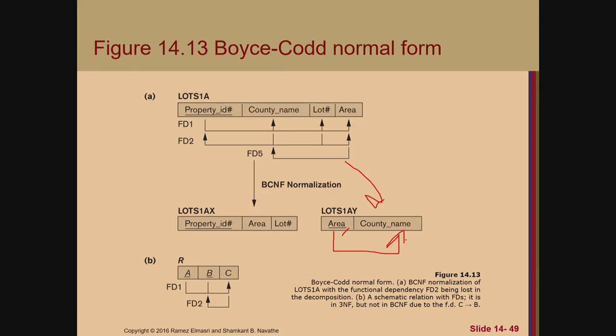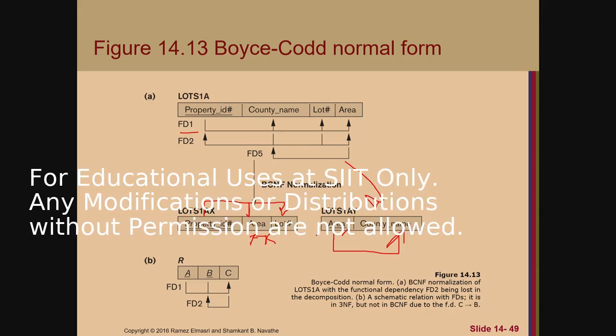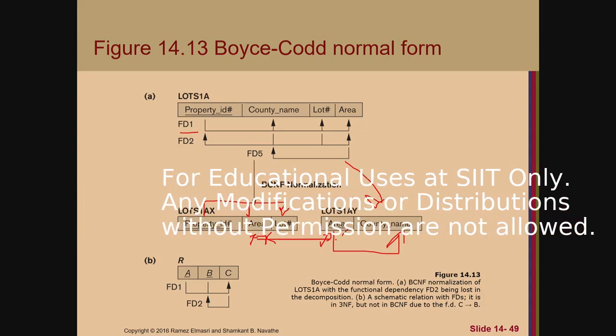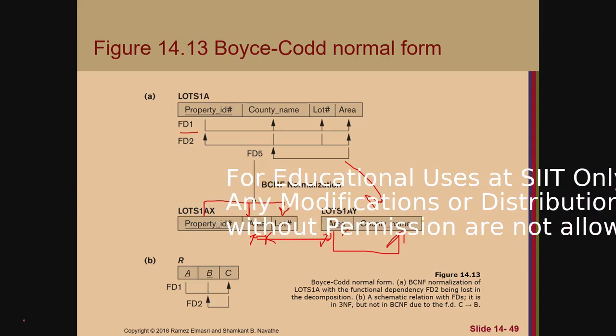But what is happening? The first functional dependency still remains here, and area is a foreign key, right? So we can still get the country name from both relations.